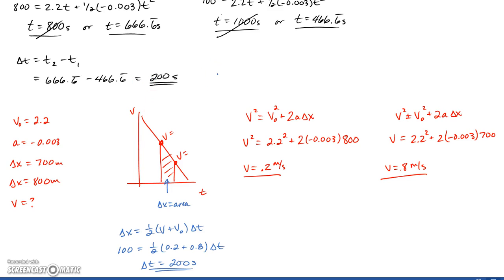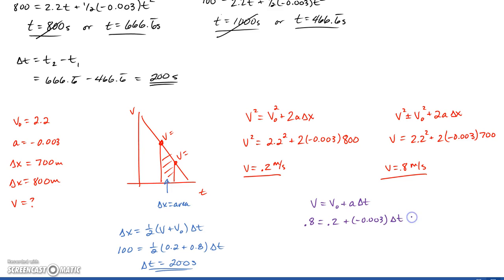But let's say I didn't want to use area. I wanted to use more math. I love math. It makes me excited. Well, then you could also have chosen a different equation. You could have said, I'm going to use my final velocity equals my initial velocity plus my acceleration times my time interval. My final velocity was 0.2, my initial velocity was 0.8, my acceleration was negative 0.003.